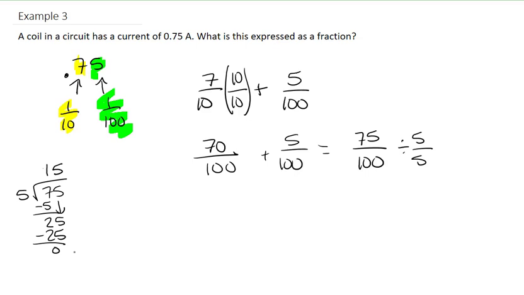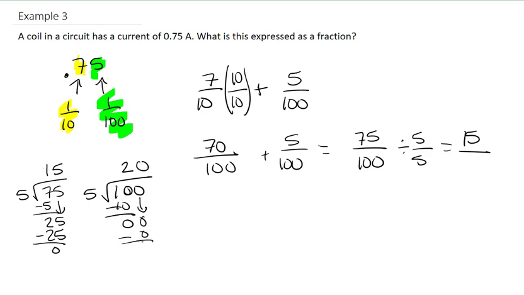We get 0. So on the top, we're left with 15. Then 100 divided by 5 is, 5 can go into 10 2 times. 5 times 2 is 10. Go ahead and subtract. 10 minus 10 is 0. Bring down the 0. 5 can go into 0 0 times. So we subtract, we get 0. So this is 15 over 20.